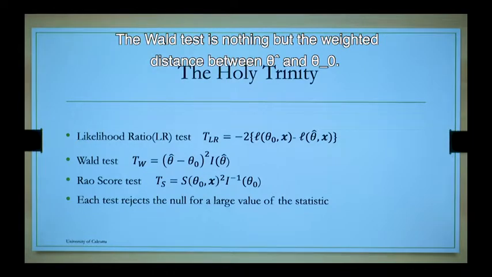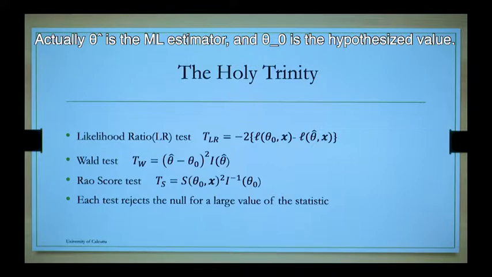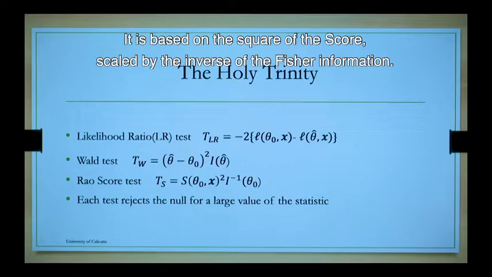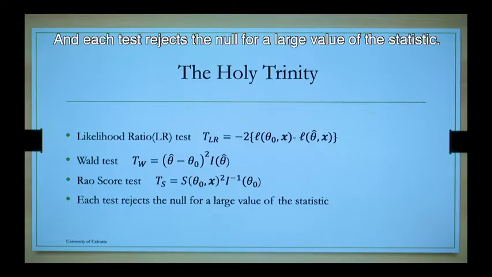The Wald test is a weighted distance between theta hat and theta naught, where theta hat is the ML estimator and theta naught is the hypothesized value. The Rao score test is different. It is based on the square of the score scaled by the inverse of the Fisher information, and each test rejects the null for a large value of the statistic.